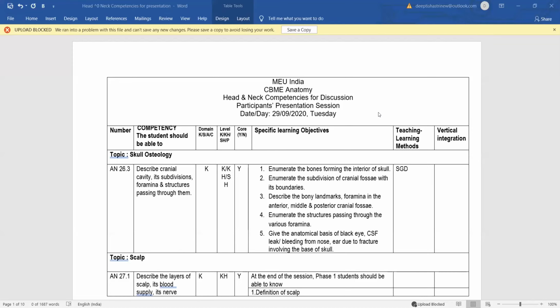Ma'am, if it is given over there, then we have to consider it because we have to go by the document only. If it is mentioned that SH is there, then that means they want us to go up to SH level. We cannot just mold this MCI document. This is what we have discussed in our college and in our different trainings.